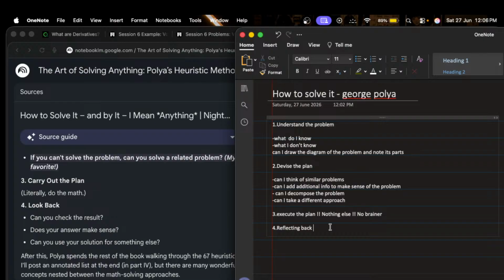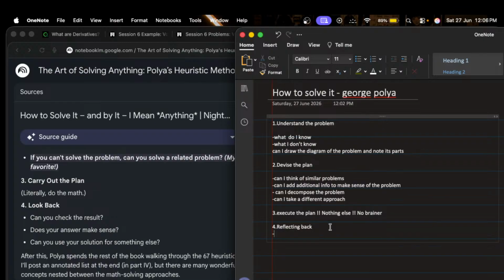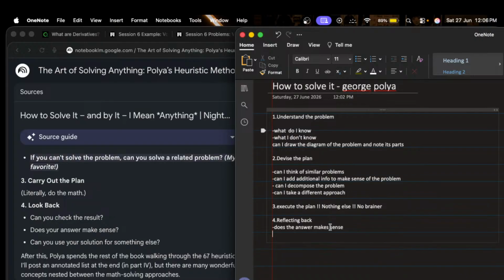So what does it mean? Does the answer make sense? Can I use this solution for something else?